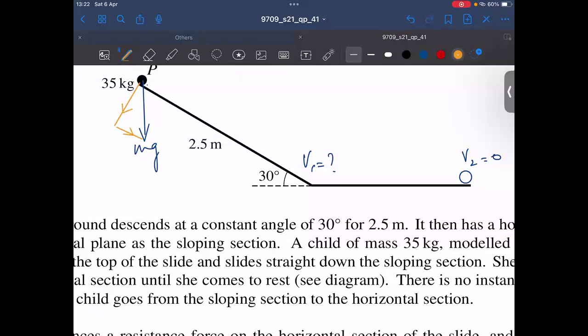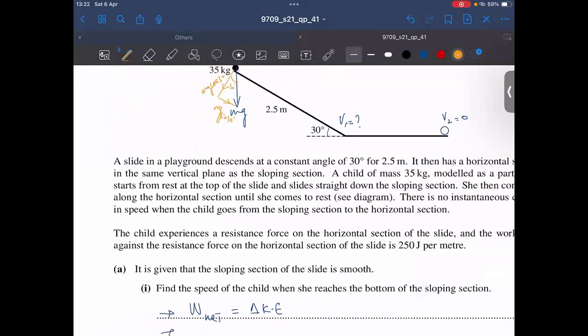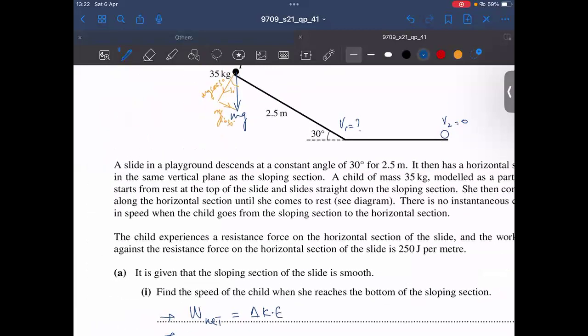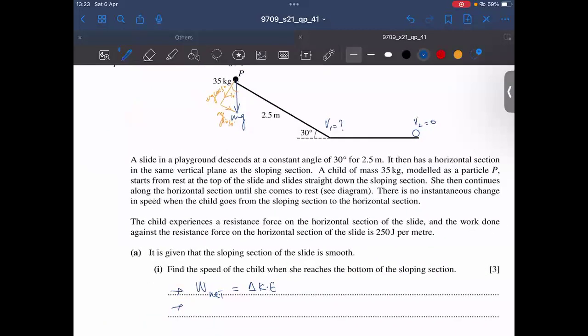We have mg cos 30 degrees, mg sin 30 degrees. I have only this component of the force of gravity acting along the plane, no other component, and also no force of friction because this surface is smooth.